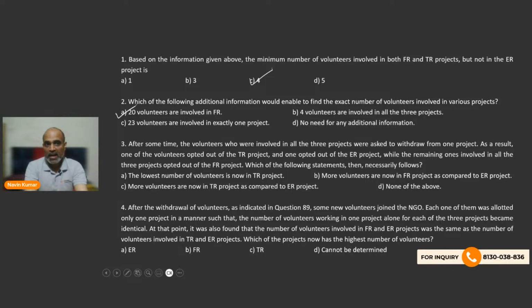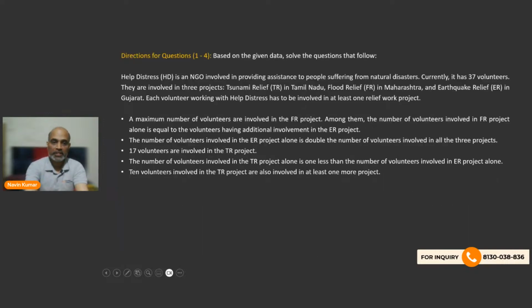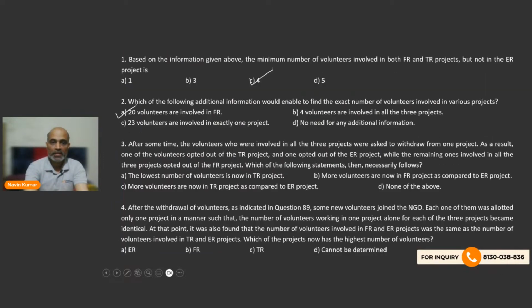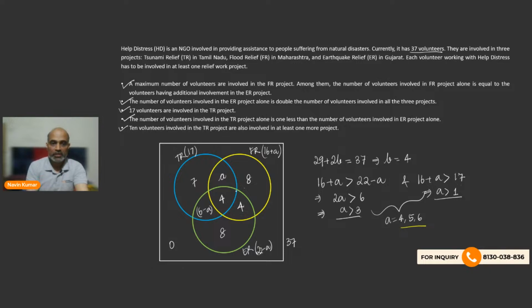Third, after some time, the volunteers who were involved in all the 3 projects were asked to withdraw from one project. So basically, we are told that out of these 4, they were asked to withdraw from one of the projects. So consider this. These are the 4 people, each one of them involved in TR, FR, and ER, and so on, right?